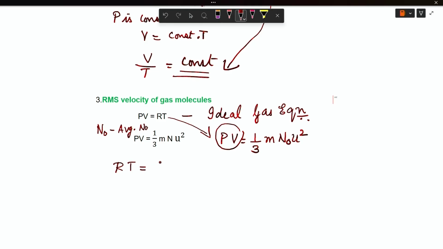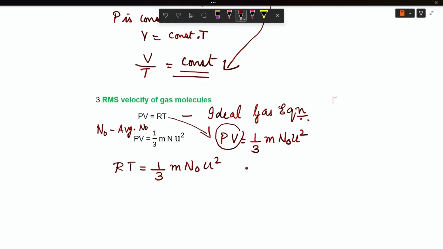RT equals 1 by 3 m N0 u square. m into N0, what is m? It is the mass of one molecule. N0 is the Avogadro number.